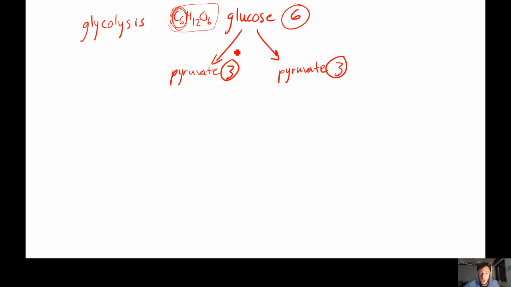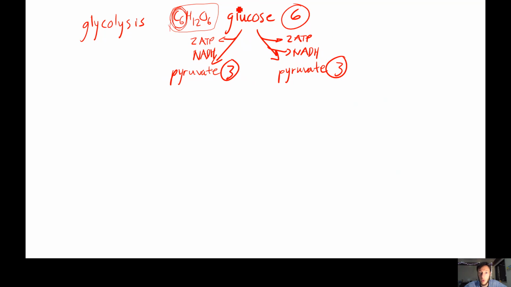values here, okay? So what we're gaining from all of this is every time we create pyruvate, we gain 2 ATP and 1 NADH. 2 ATP and 1 NADH.